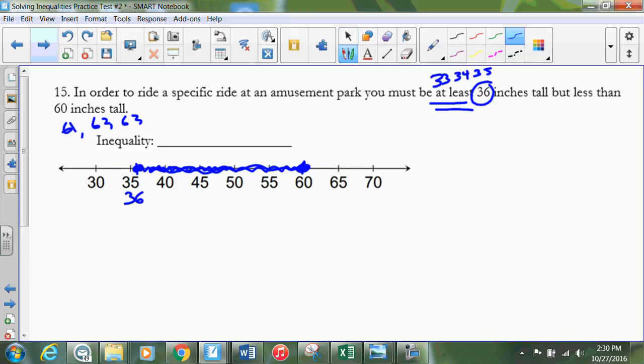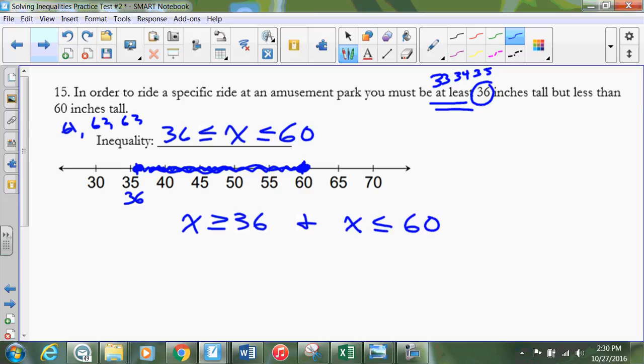X is stuck in between 36 and 60. It is greater than or equal to 36, but less than or equal to 60. If you wanted to separate this, we would accept it. If you wanted to say X is greater than or equal to 36 and X is less than or equal to 60, you could write it that way as well.